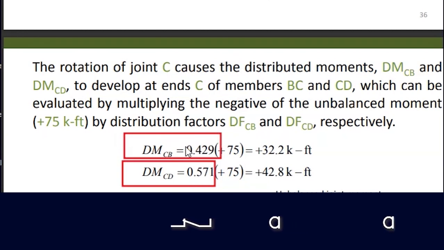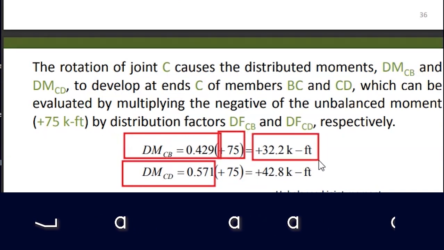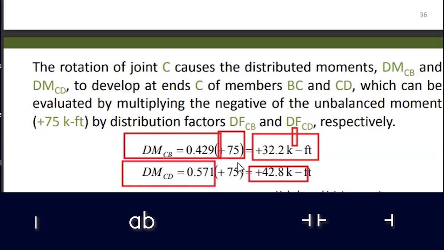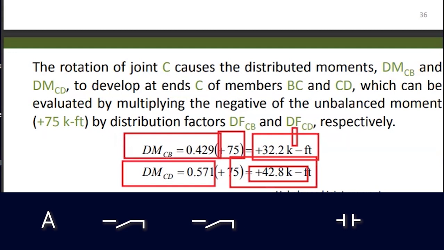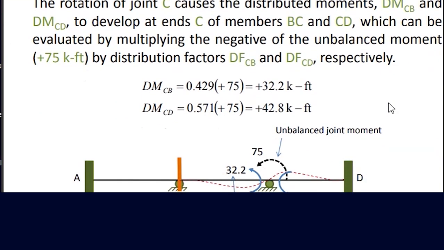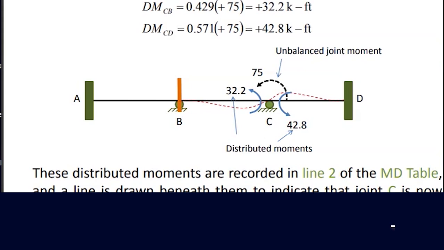So you take the unbalanced moment and multiply it by the respective distribution factor to get this value, this one on the left and this one on the right. This will be the counter moment to balance the unbalanced moment, which is positive 75. So in order to balance at that joint, you must have this extra value, and that value is known as the distributed moment.